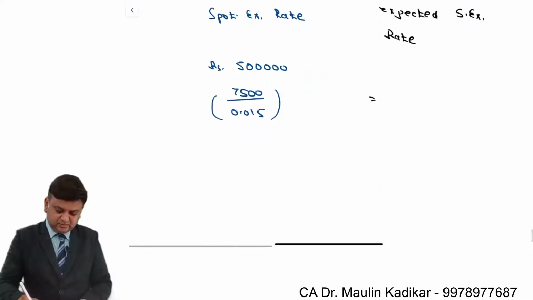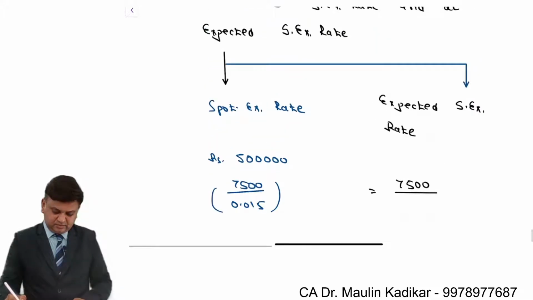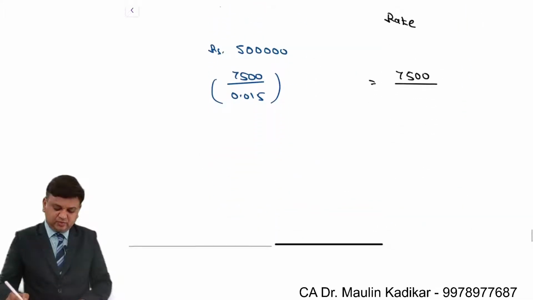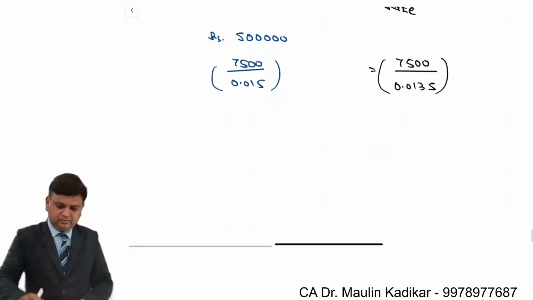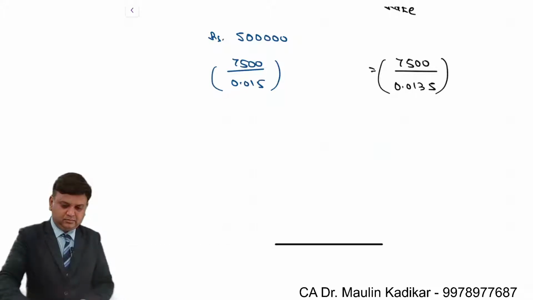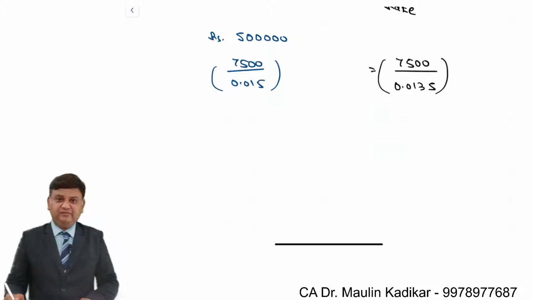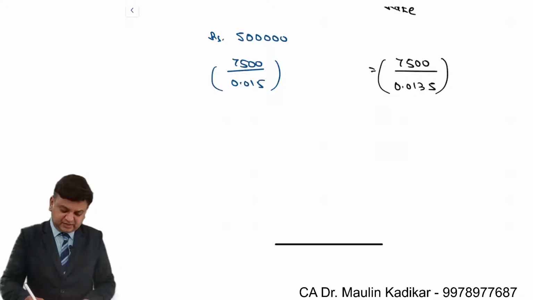It is 7,500 divided by 0.0135. That comes to 5,55,556.